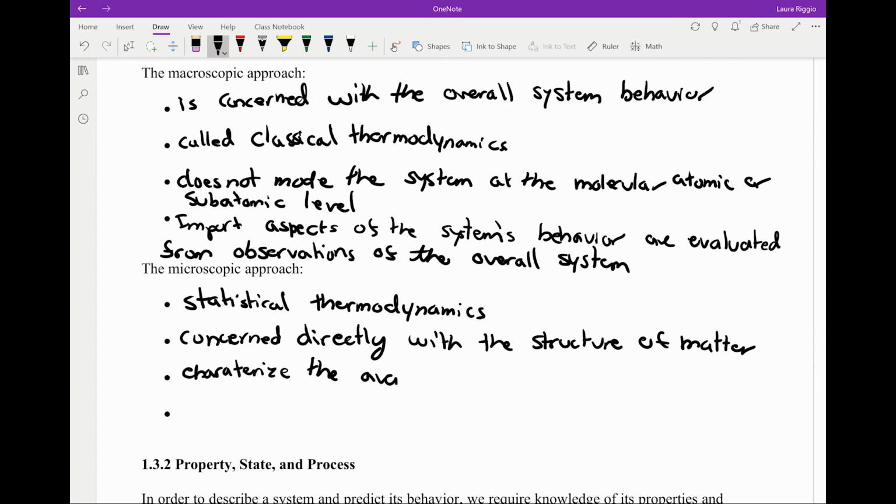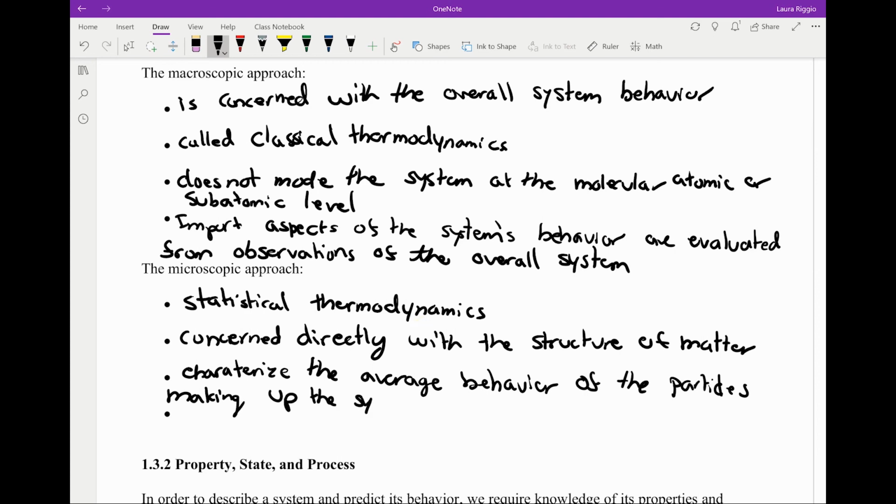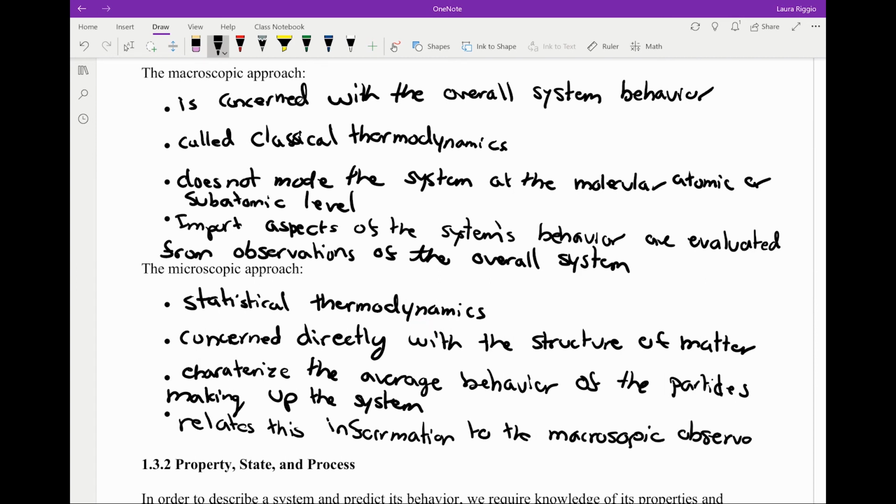And you characterize the average behavior of our particles making up the system. And then you relate that information to our macroscopic observations.